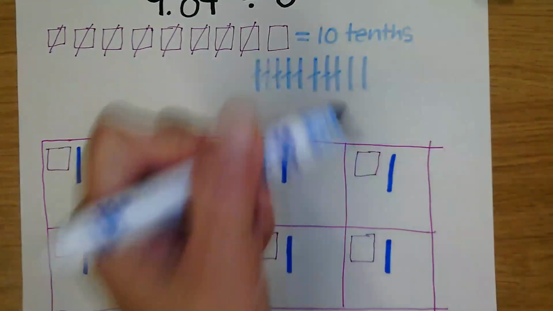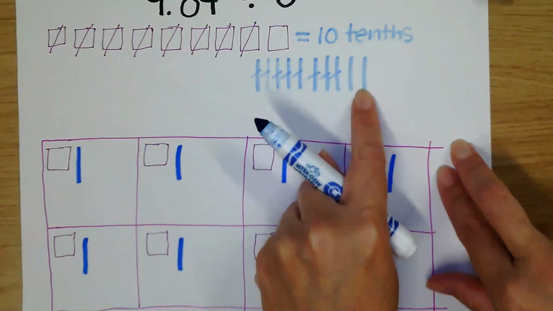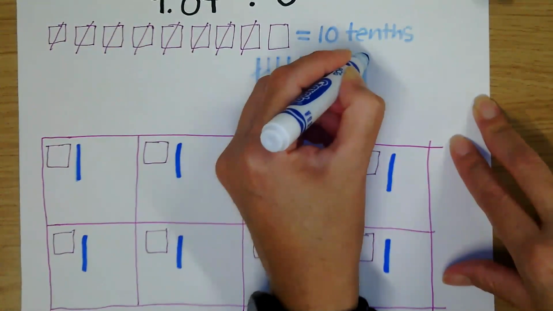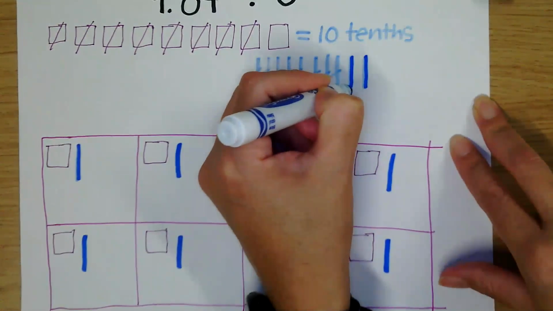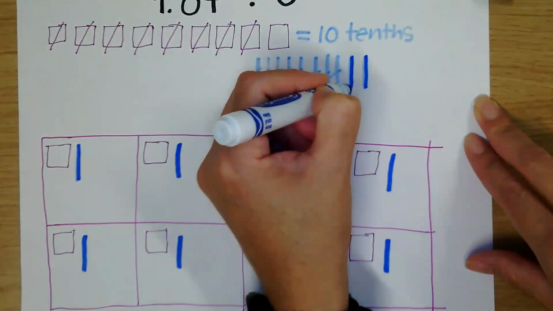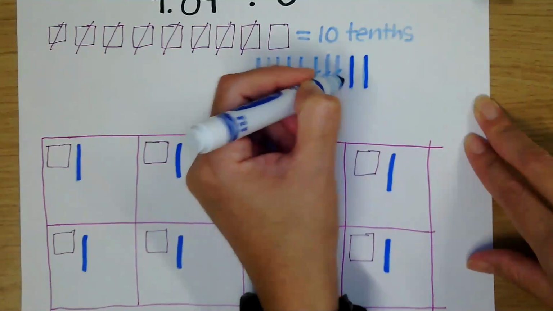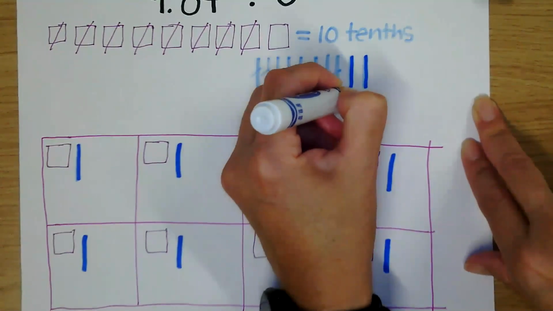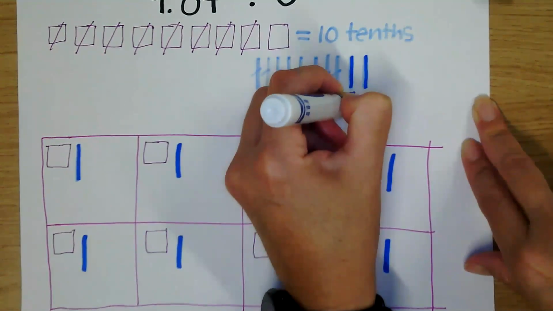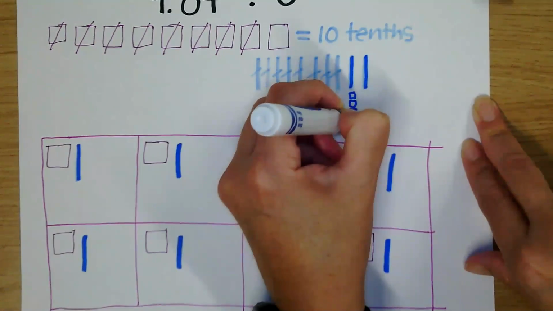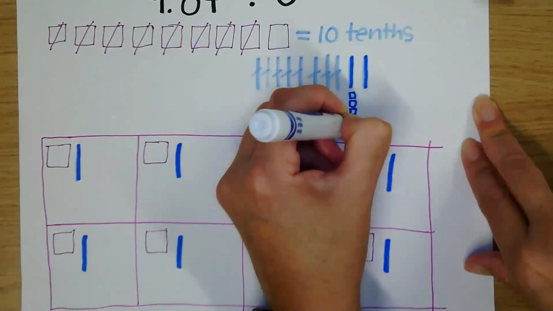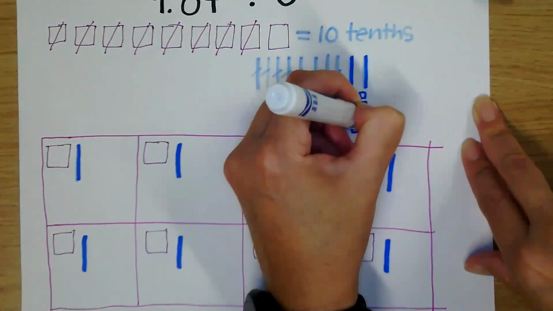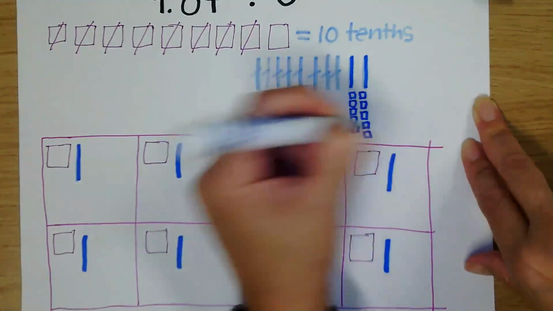So now we need to fraction these tenths one more time, and we know that each one of these tenths has 10 hundredths. 1, 2, 3, 4, 5, 6, 7, 8, 9, 10.